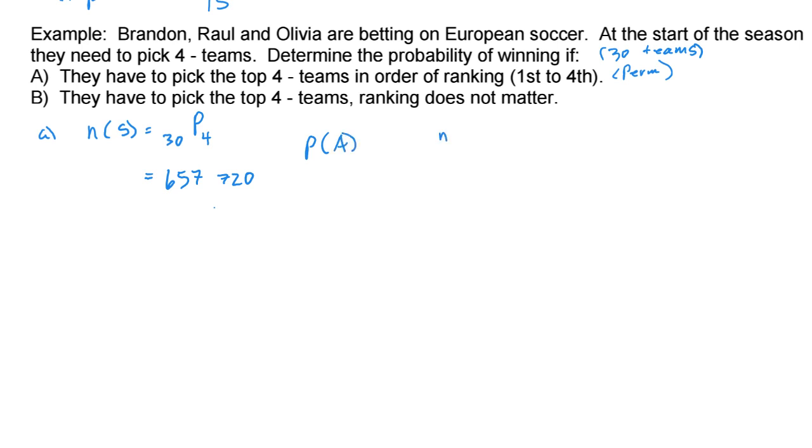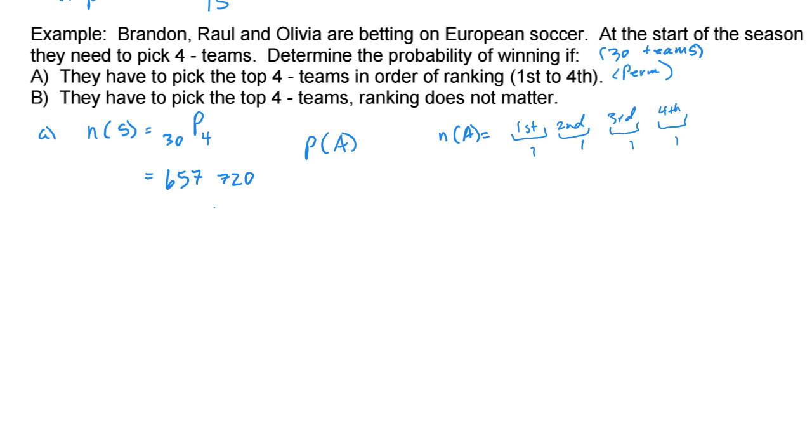Now we need to calculate the possibility of what we're looking for, our number of teams, n of A. If you think about it, we have placeholders of first, second, third, and fourth. Since we have all those placeholders, there's only one way you can pick first, one way you can pick second, one way you can pick third, and one way you can pick fourth.